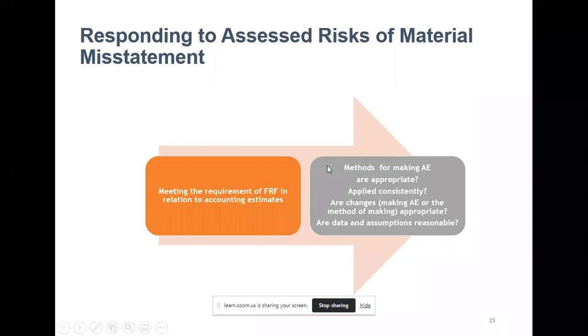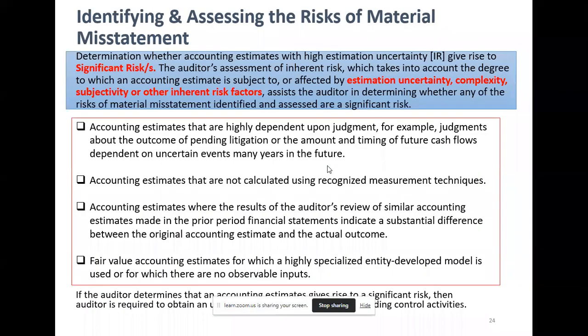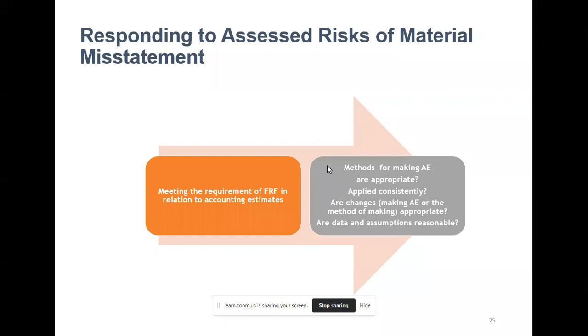Okay. So let me start with the balance part of ISA 540. Last Sunday we discussed up to identifying and assessing the risk of material misstatement. Then, basically, responding to assessed risk of material misstatement in relation to accounting estimates and fair value accounting estimates.